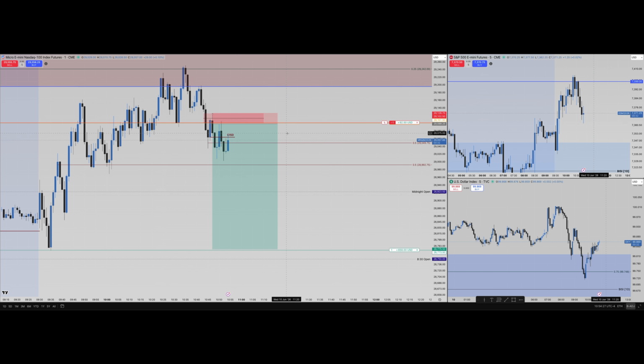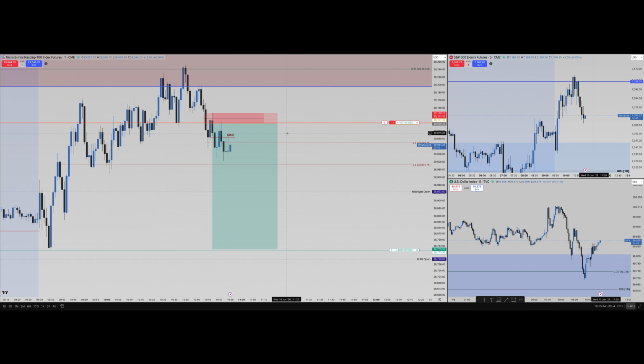One more time, working back up to the change in state of delivery. And you can see that second up close candle as well, which would be a propulsion block since the body is below mean threshold of the first order block. So from that propulsion block, you should see a strong displacement.